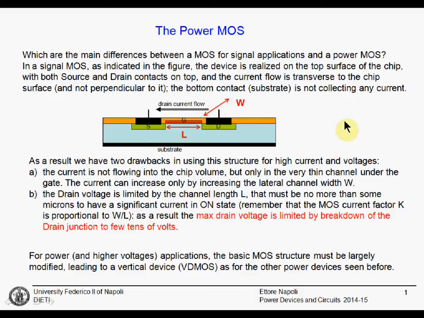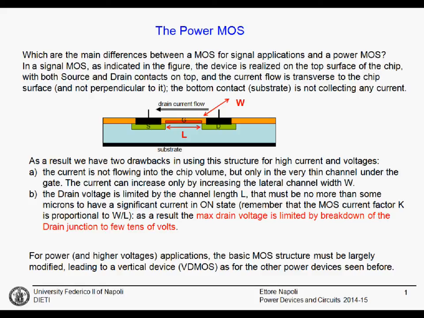The main drawback of this structure for high currents and high voltages is, first of all, that the current is not flowing into the volume of the chip. You are not exploiting the entire silicon, but only the surface. This is different from what we have seen for the PIN diode, bipolar junction transistor and GTOs. In all those cases, the current was flowing from the top to the bottom.